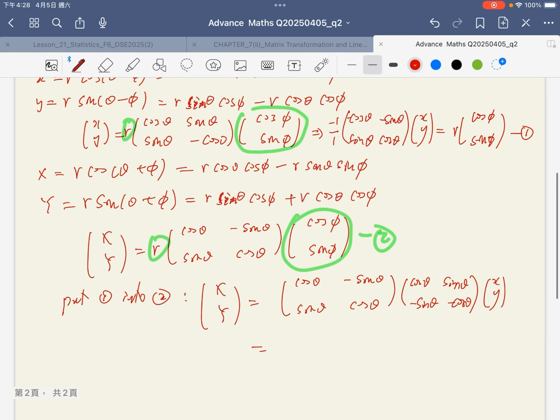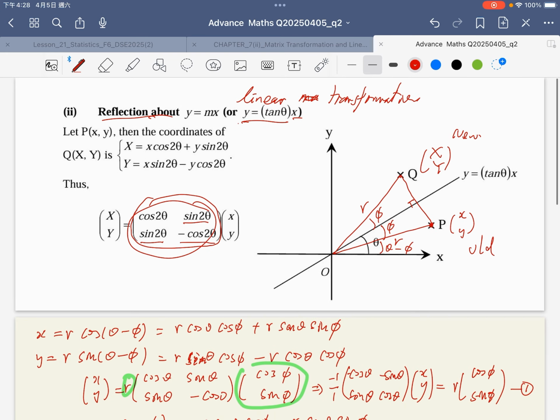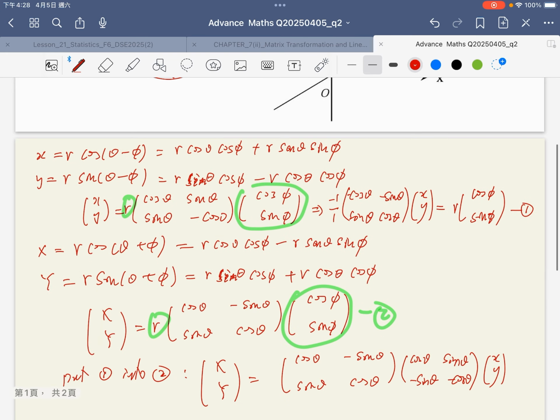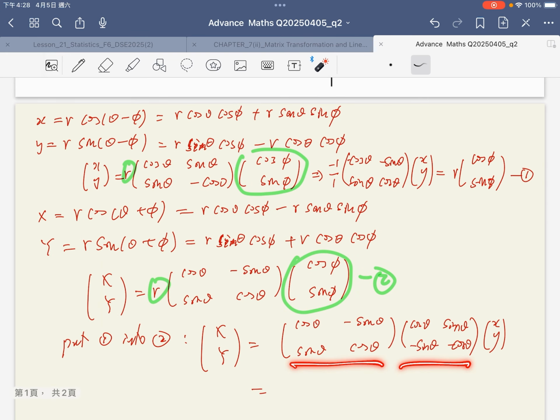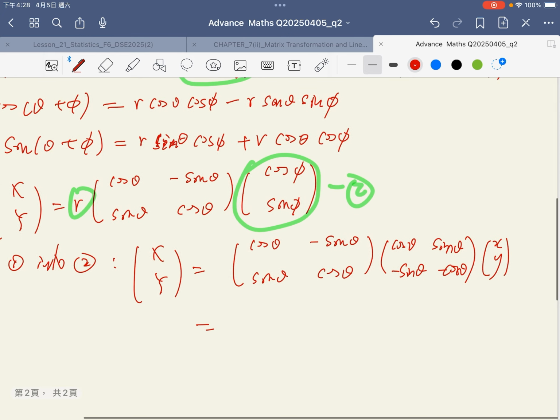Now we have almost finished our proof, because we have to show that the multiplication of these two matrices is actually equal to this one. Okay, let's go to the detail.